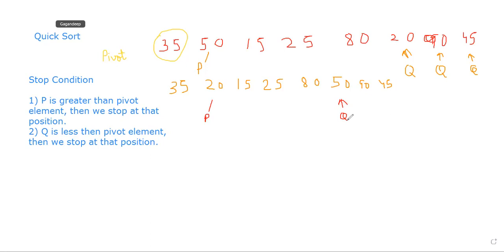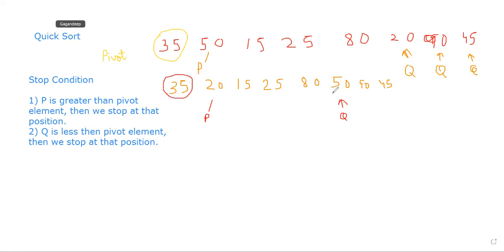So next, 50 is again more than this pivot element.